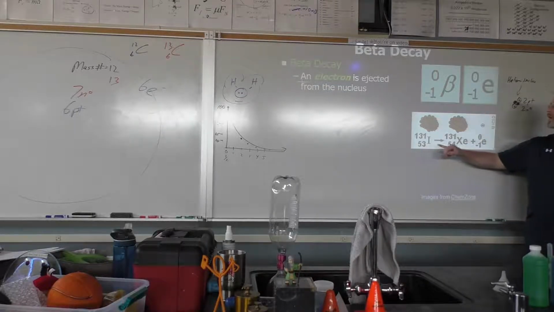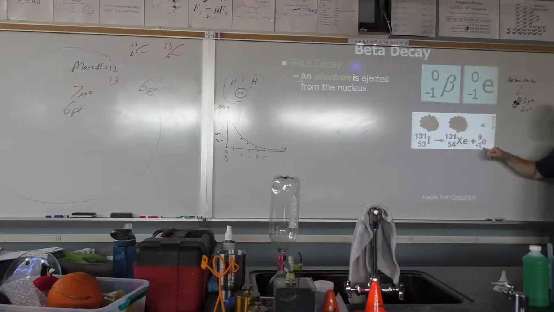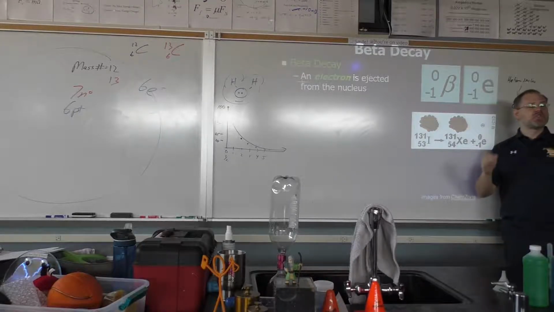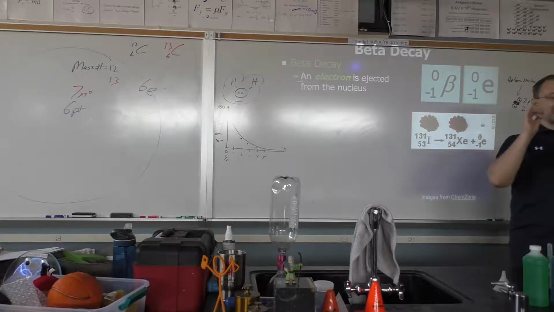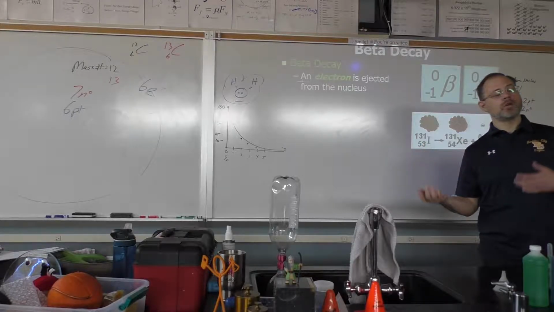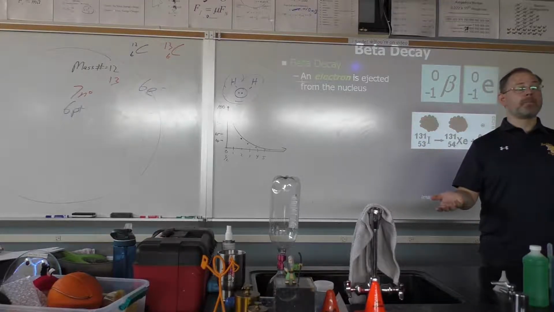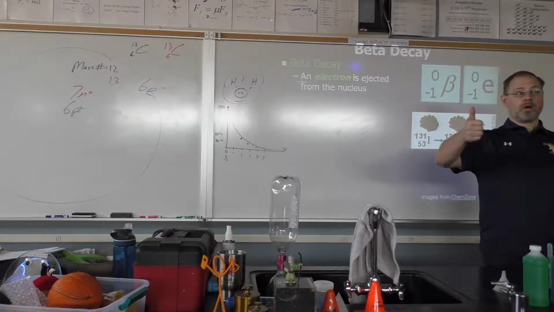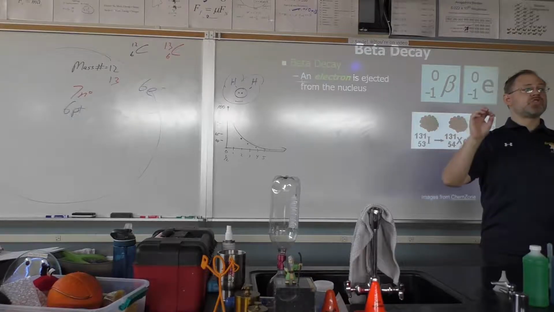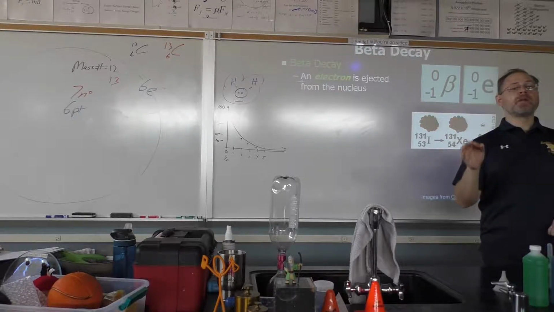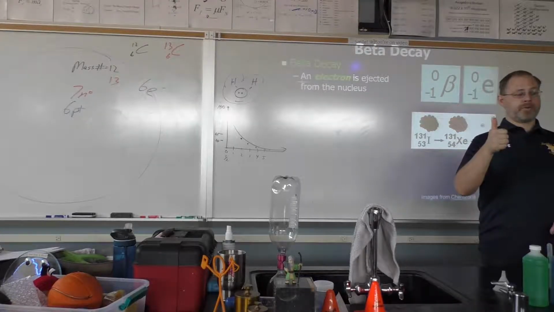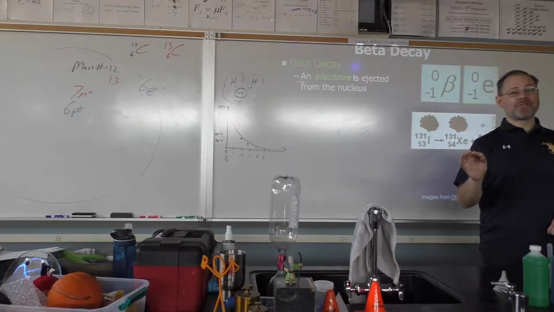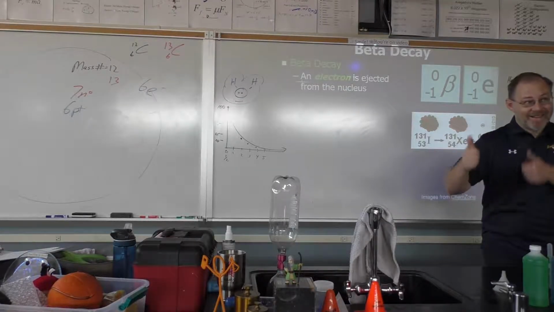And 53 still has to equal 54 plus -1. So by ejecting an electron from the nucleus, look what happens to the atomic number. The atomic number goes up. By ejecting an electron, the atomic number goes up.